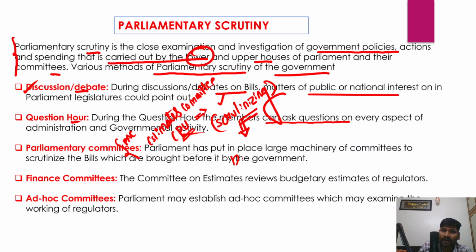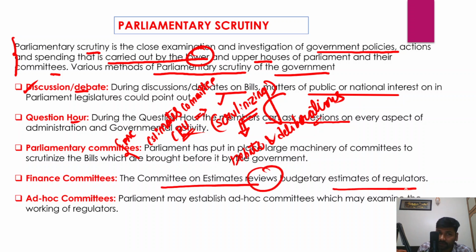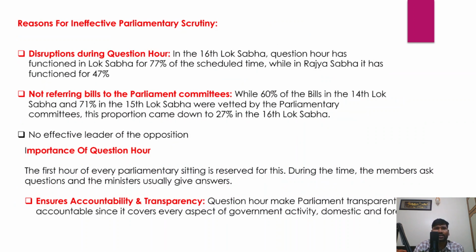Therefore it results in a better and more informed debate and deliberation on those legislations which have been introduced. And in fact, the Committee on Estimates reviews the budgetary estimates of the regulators. And ad hoc committees, for example, Parliament may establish ad hoc committees which may examine the working of regulators. So these are different committees.